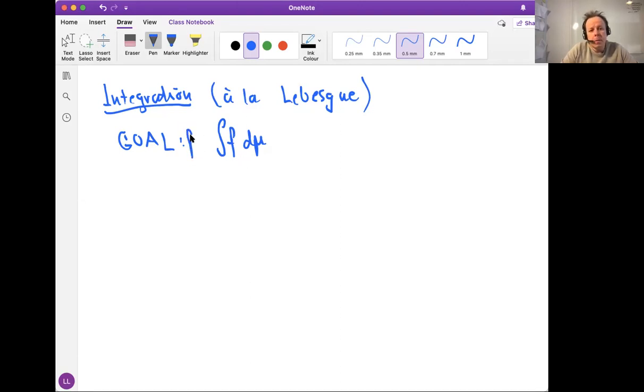We look at this as a map: we take a function and map it to the integral. Think of these as definite integrals, so we are integrating across the full space where f is defined.